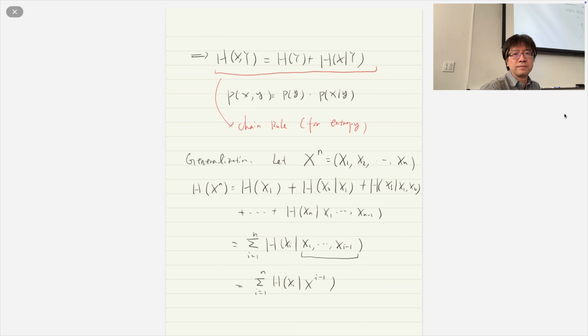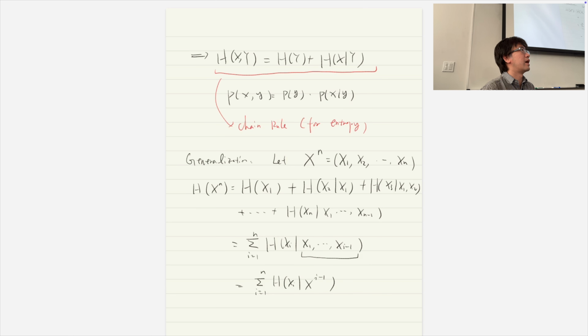For the joint entropy, you can read from this formula: it's the uncertainty of y plus the uncertainty of x if we know y. Or the uncertainty of y is equal to the uncertainty of x and y minus the uncertainty of y knowing x. This is slightly different from what we're talking about now, but definitely related.